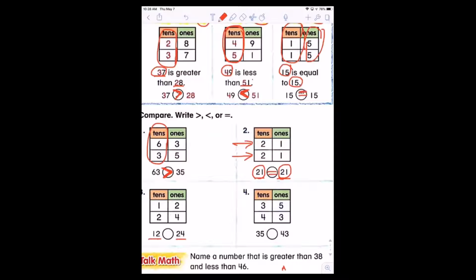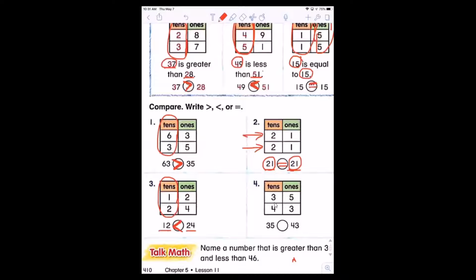And remember, to check that, you go to the tens place. Okay, the vertex is pointing to the smaller number. And the open mouth is facing the greater number.